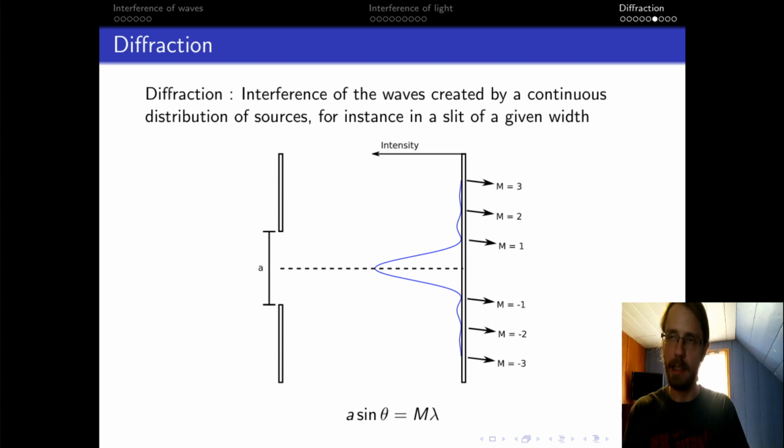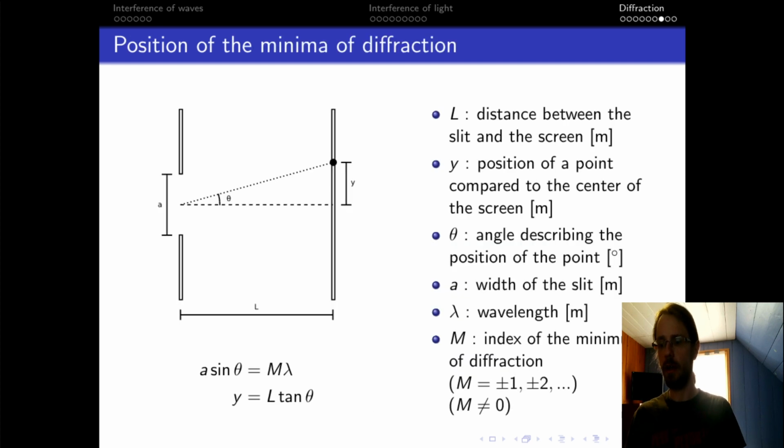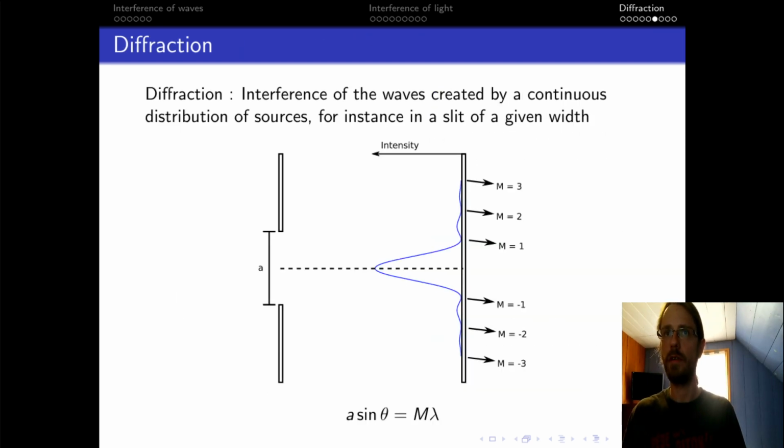This is not the case here. In diffraction, we do not have this shift to deal with. The first minimum above the center has an index of m equal to 1, simply. So we'll have to use this equation.